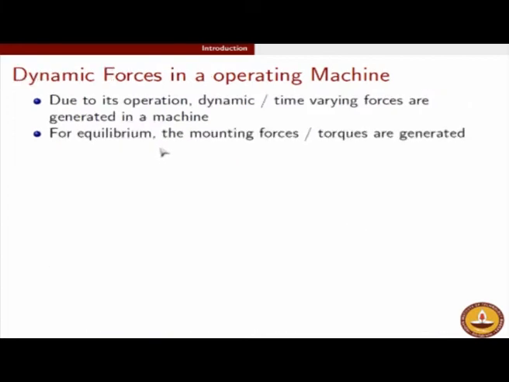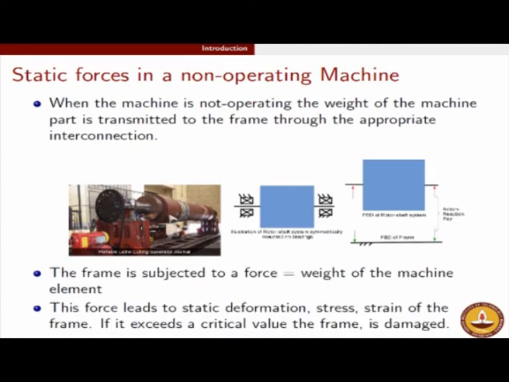Remember, the forces will come through the mounting points of the machine. So if this is the machine that we are looking at, the mounting point is probably here, as is visible from this diagram, and there will be one from the other side also.